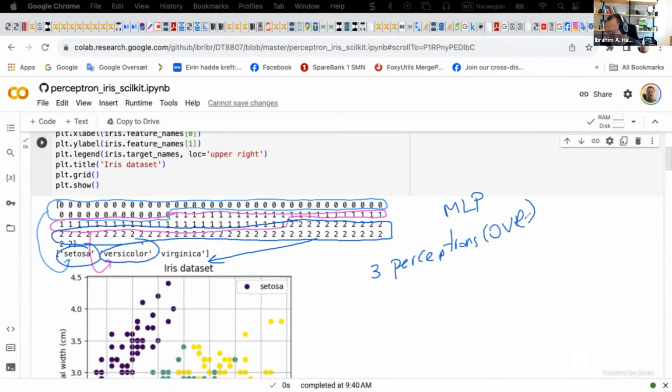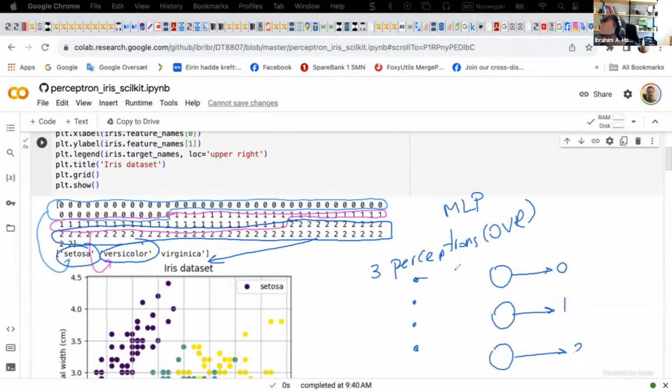If I want to plot this one versus rest, it will look like this. I will have one perceptron to classify class 0 against the rest, another perceptron to classify class 1 against the rest, and a third one which will classify class 2 versus the rest. And the inputs: how many inputs do we have?